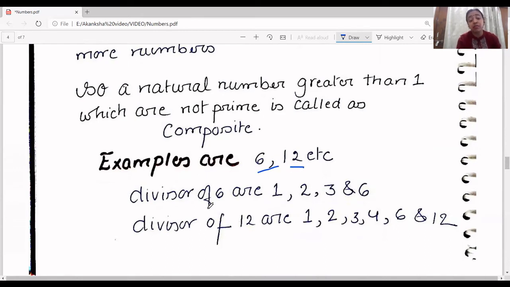The divisors of 6 are 1, you can divide it by 2, by 3, by 6. It's completely divisible, right? Divisors of 12: 12 can be divided by 1, 2, 3, 4, 6, and 12. So many factors. So 6 and 12, since they have more than two factors, are composite numbers.